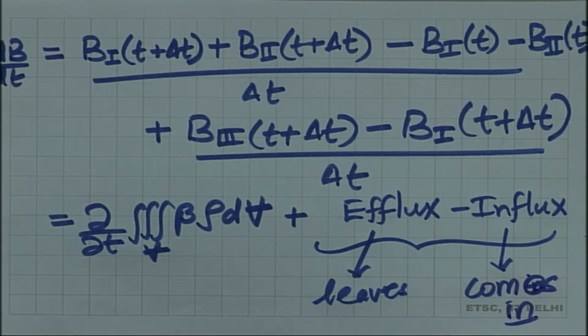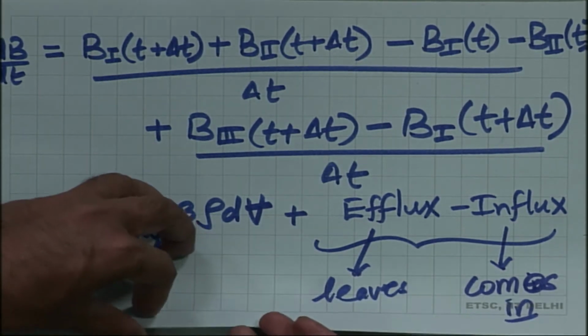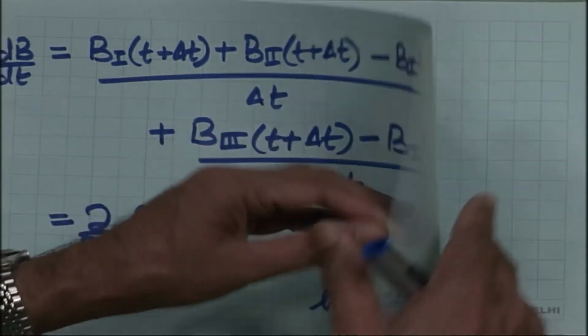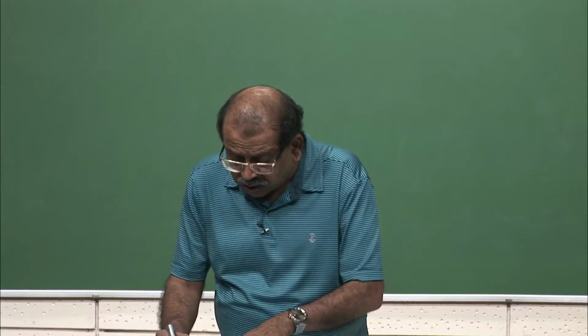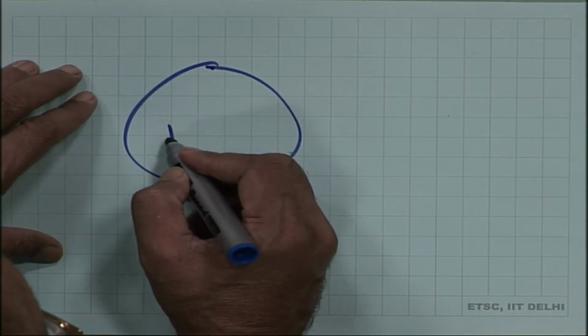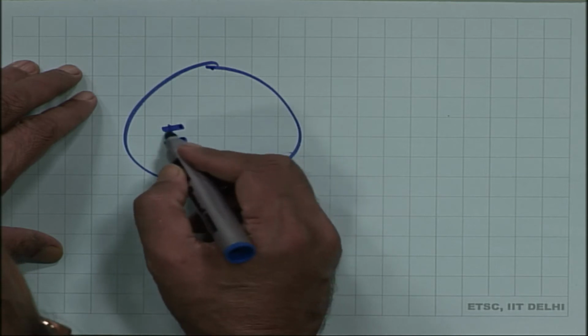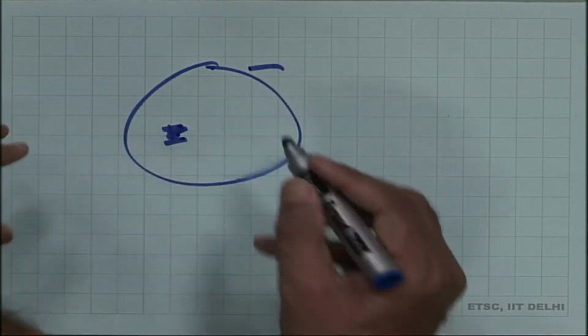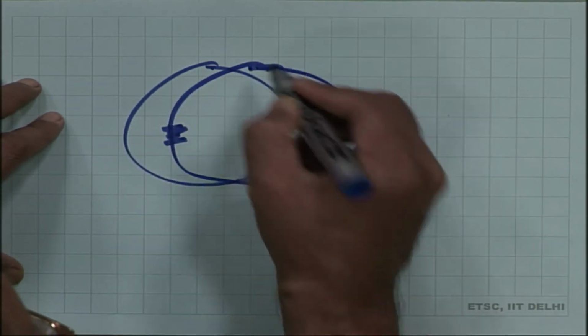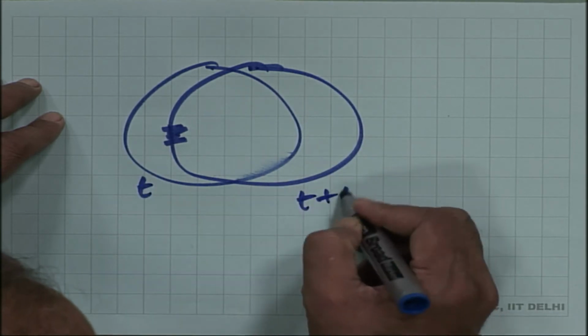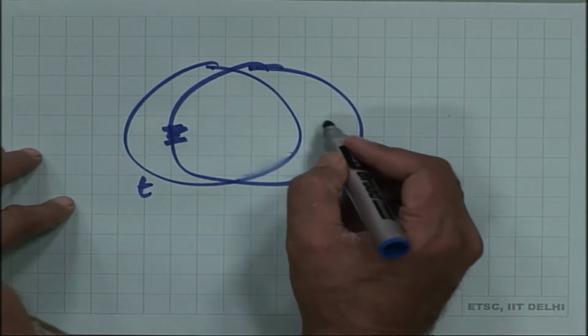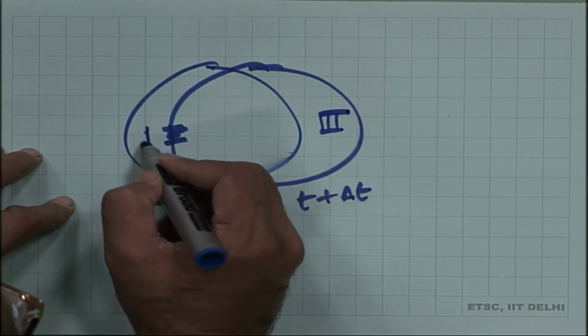Efflux is something leaving out. So, now let us try to look at it. This was our control volume initially, this is at t, this is t plus delta t, I am using the same color now, this is what we called 3, this is what we called 1.